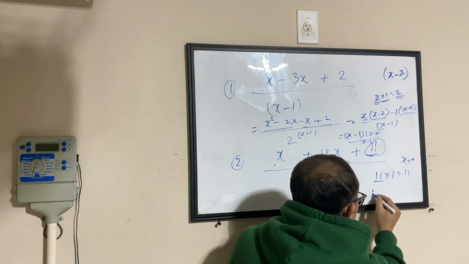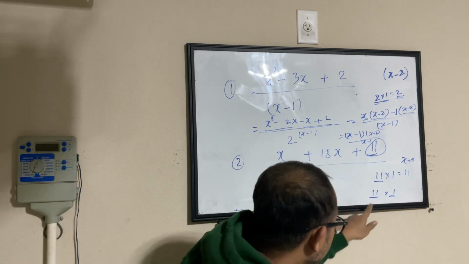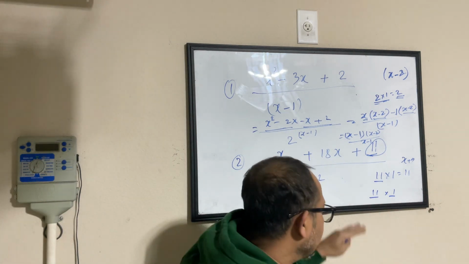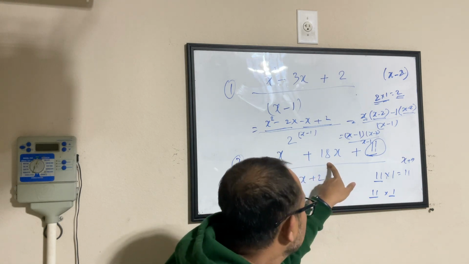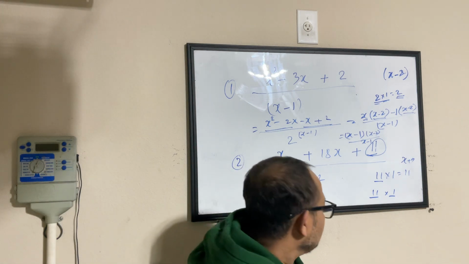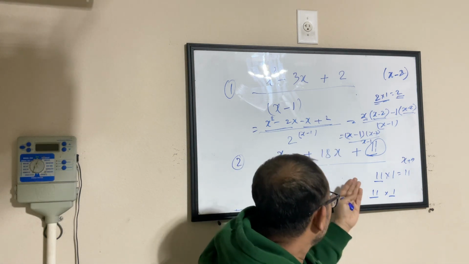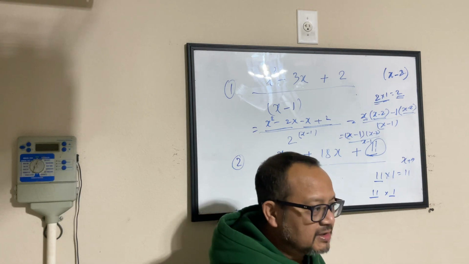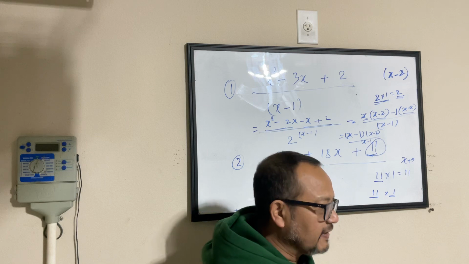So it can only be 11 and 1. These are the only factors you have, and by adding, multiplying, subtracting, whatever you want to do, you will never get an 18. That means you cannot go that route. So as Chris said, the only option we have is to apply the quadratic formula for getting the value of x.